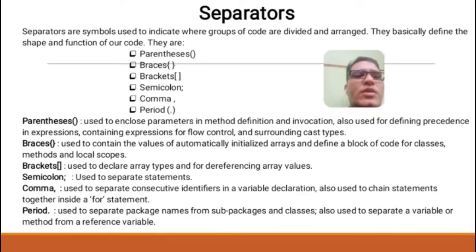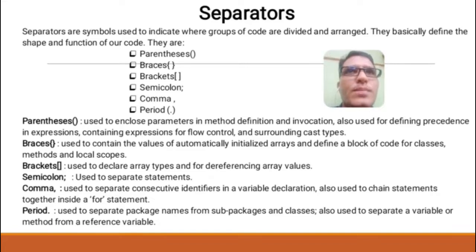And the period operator, as we have seen, is used to access class variables and class methods. If you want to access class variables and class methods, we have to use this dot operator. This dot operator is called the period operator. It is also used for accessing packages. As we have seen in the sample execution program, we have written import java.io.*.